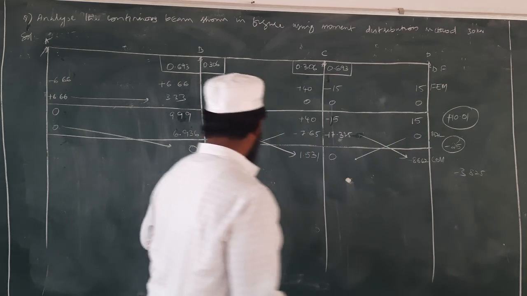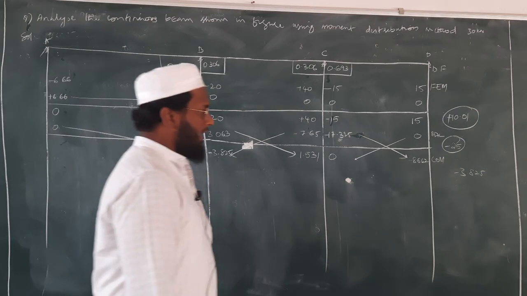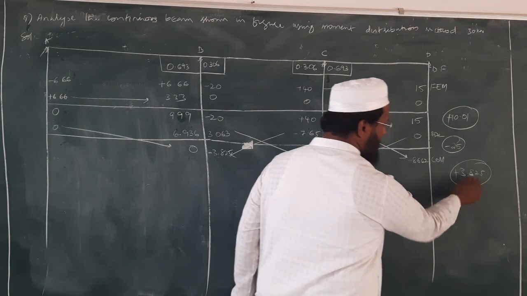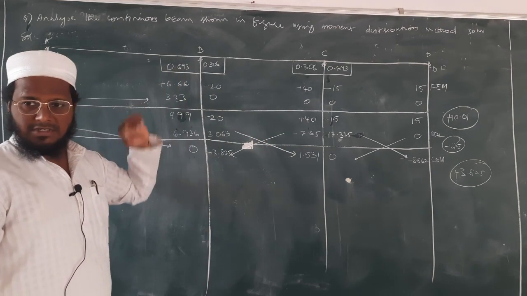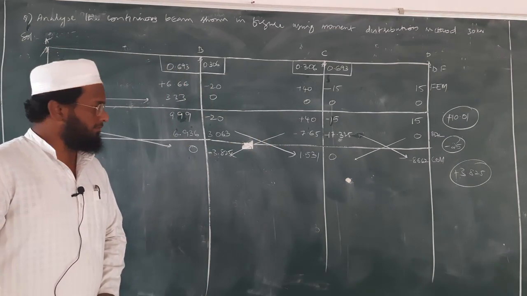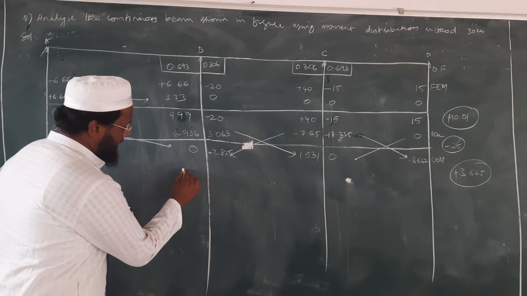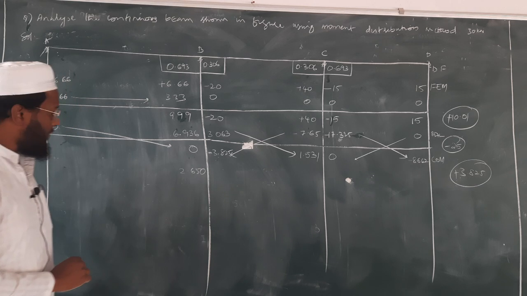3.825, we have added this one. Okay, so it is minus. So what will it become? It will become plus. So plus 3.825 into 0.693. Tell me the value. 2.650.